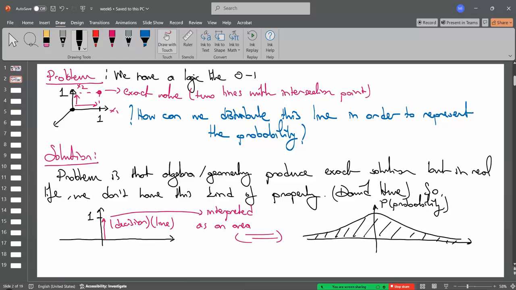And so in the continuous domain, this probability rate is identical with the Dirac delta function, but in this case we split or interpret the one line which shows the decision of the Mehmet or not. In this case, for a classification problem, we interpret this line in terms of the area of these terms, okay?